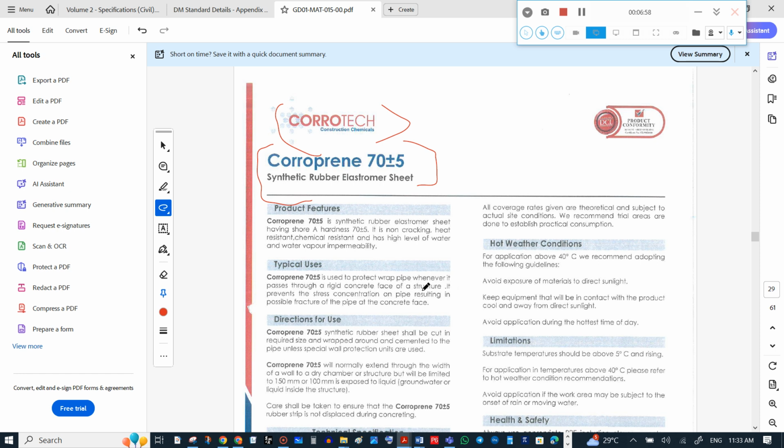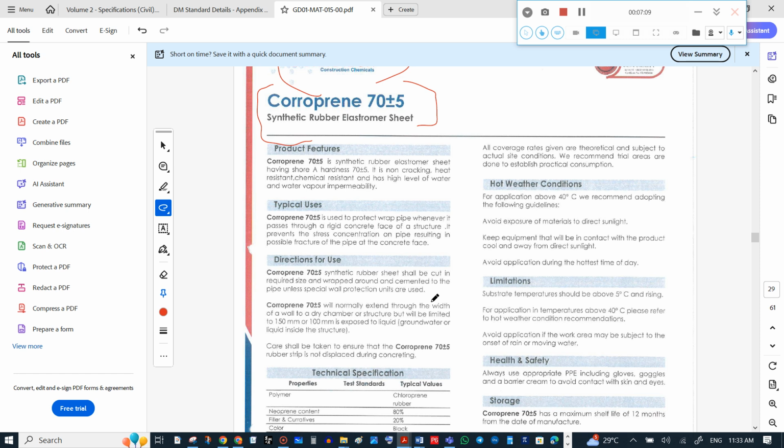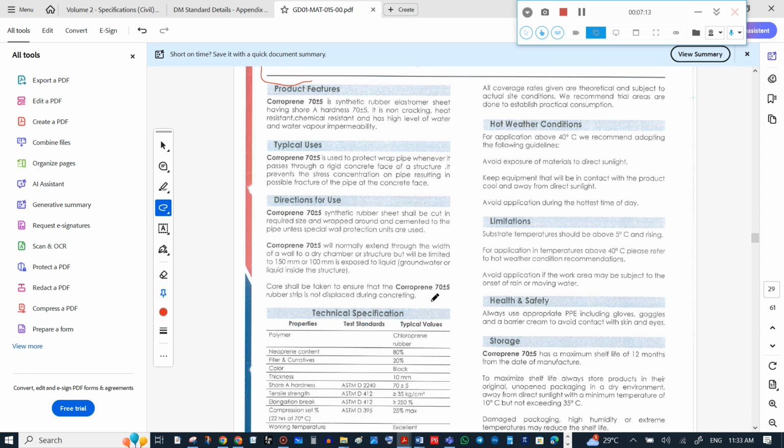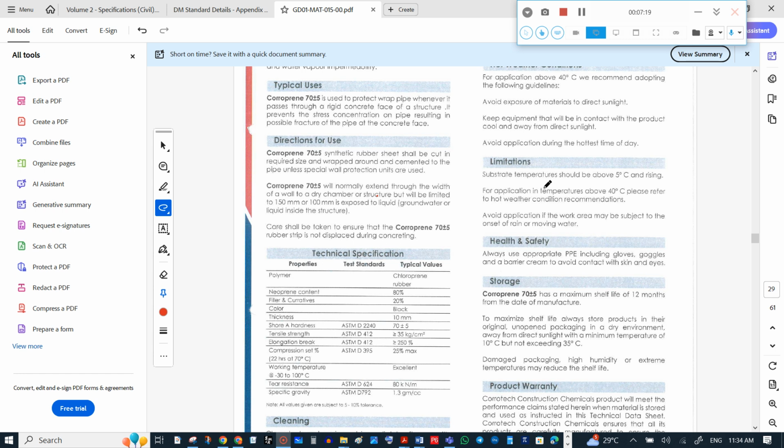It prevents stress concentration, resulting in a possible fracture of the pipe at the concrete face. So this is why it is provided. It is a protective wrap tape. And we will now discuss the application, how it is applied. Application is not correctly mentioned here. It is just wrapping with this tape only.